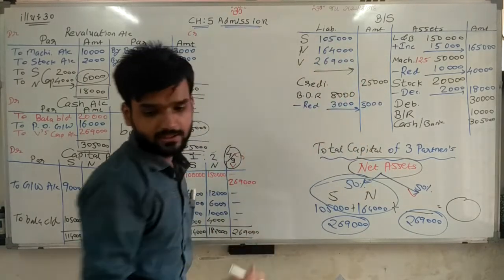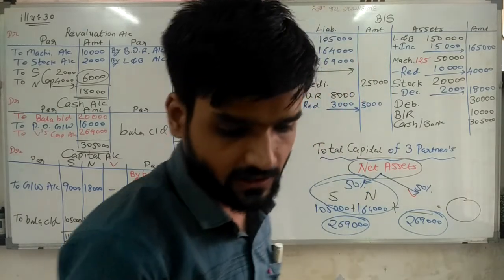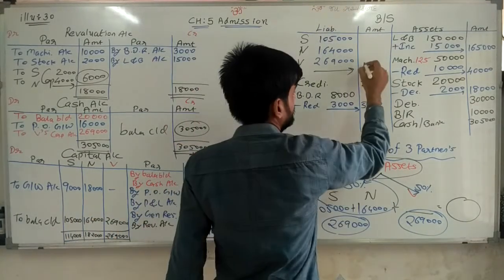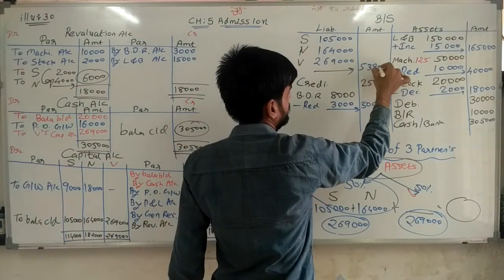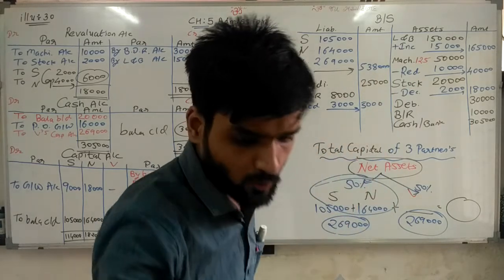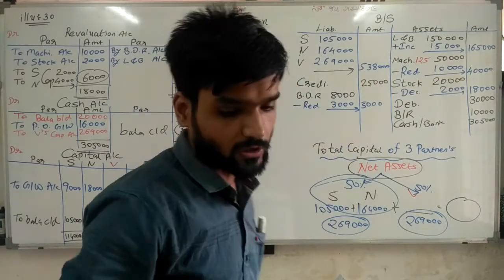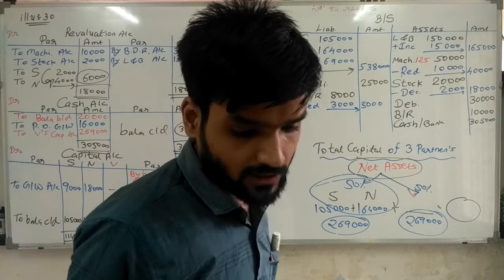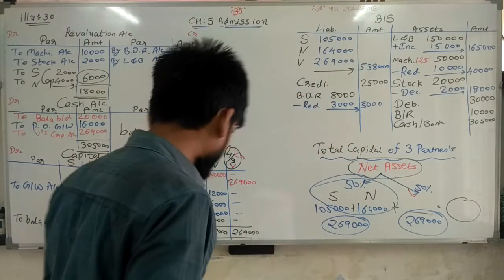So the total of these three is 105, 164, 269, which gives 538,000. Adding 25,000 and 5,000 as it is, total is 568,000.